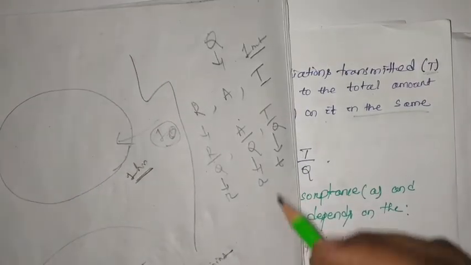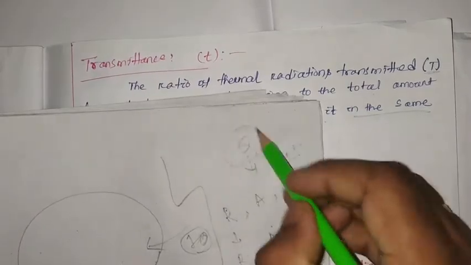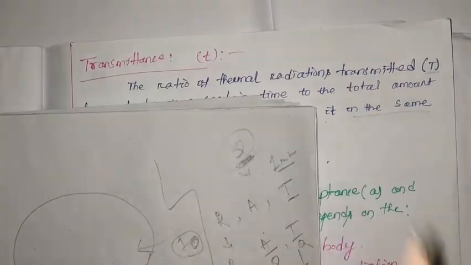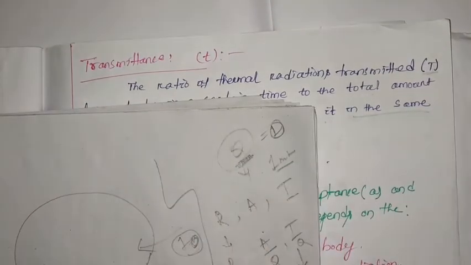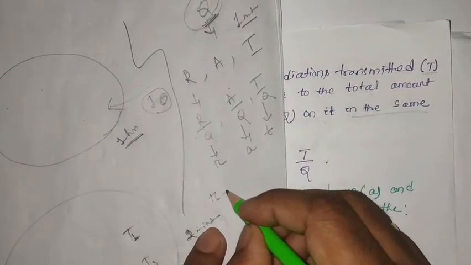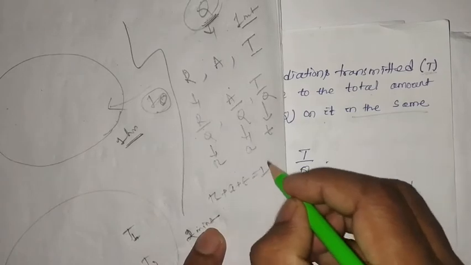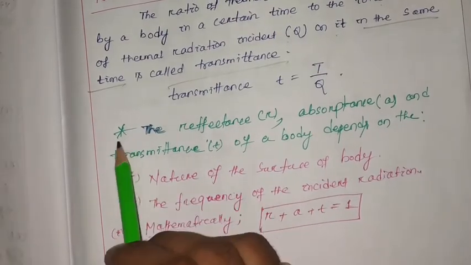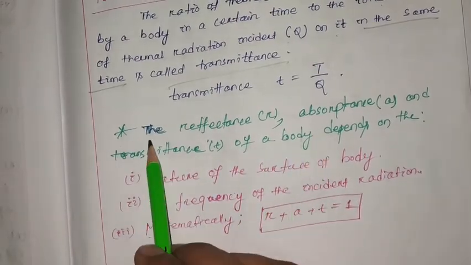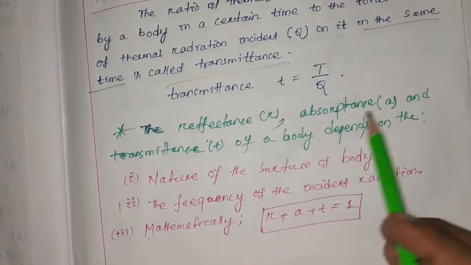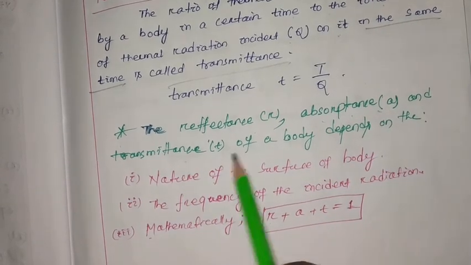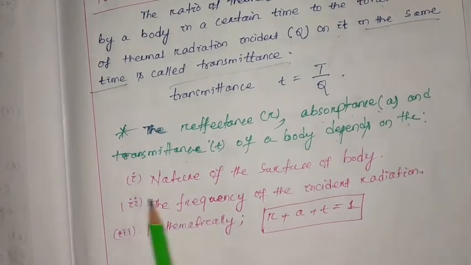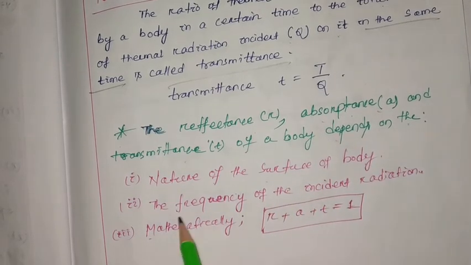Now if I consider this whole energy Q as 1, then small r plus small a plus small t will be nothing but 1, obviously. This is a note that you have to remember. The reflectance, absorptance, and transmittance of the body depend on the nature of the surface of the body and the frequency of the incident radiation.